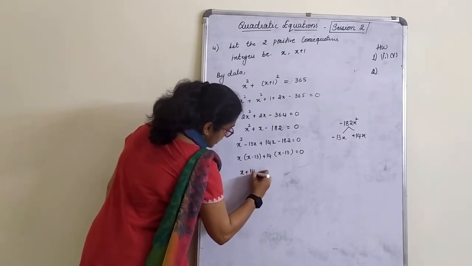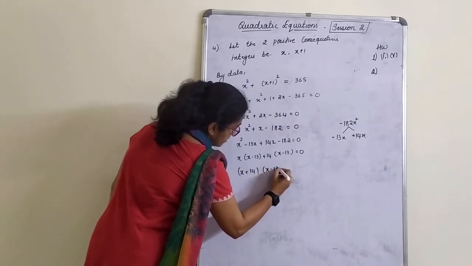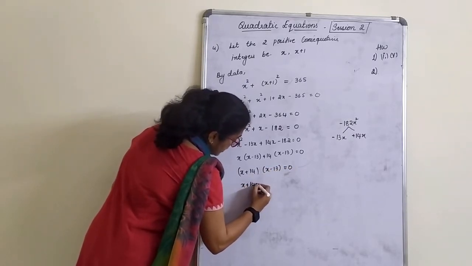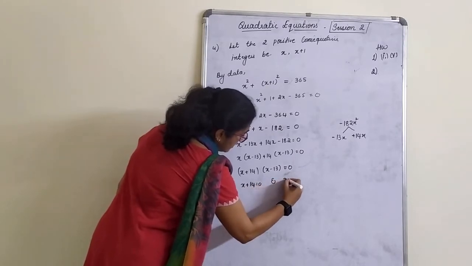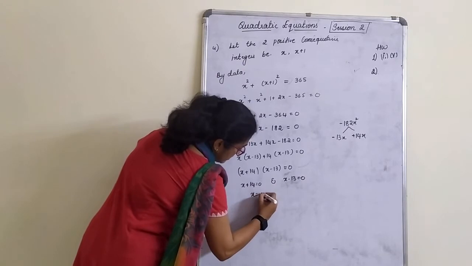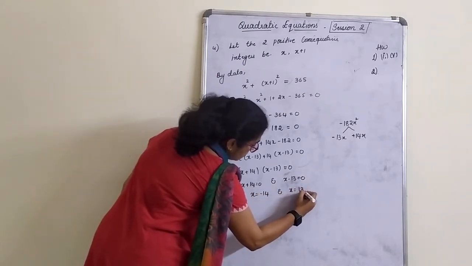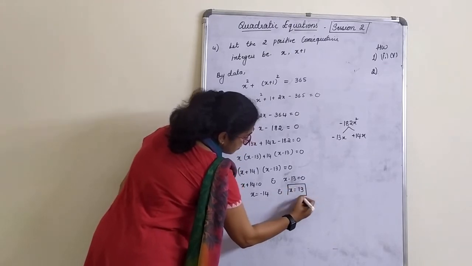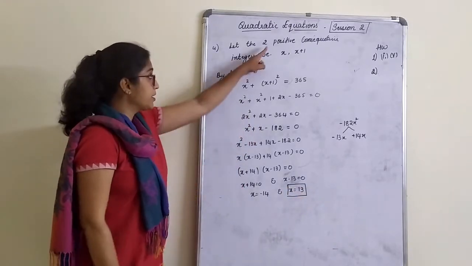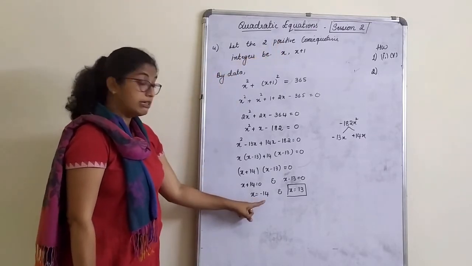So x plus 14 and x minus 13 is equal to 0. x plus 14 is equal to 0 and x minus 13 is equal to 0. x is equal to minus 14 and x is equal to plus 13. I only put the box for one value because read the question: they want positive consecutive integers, so I cannot take negative.